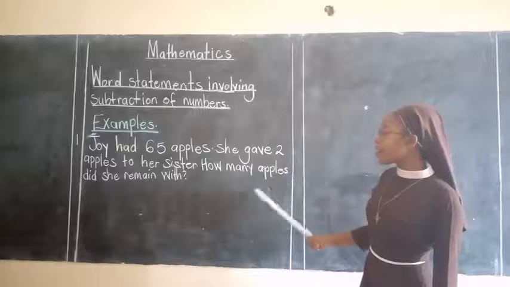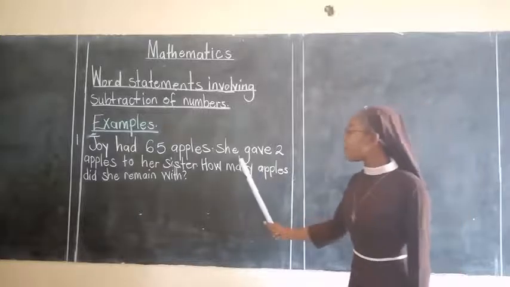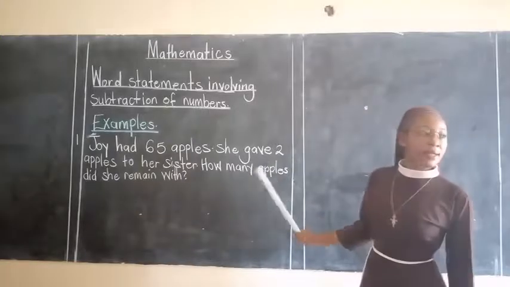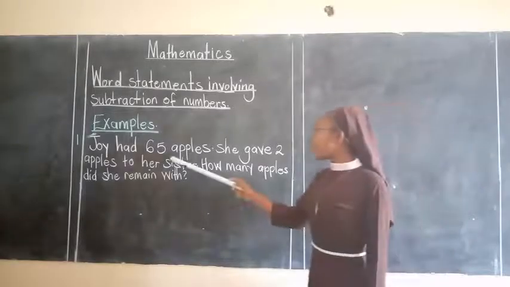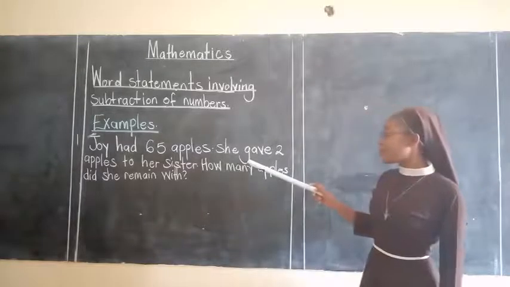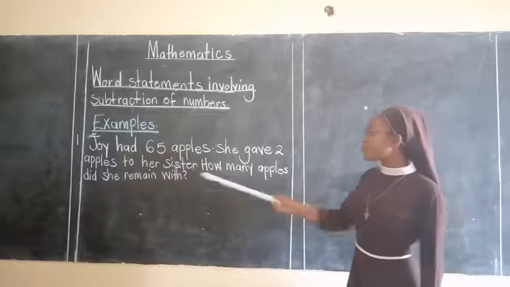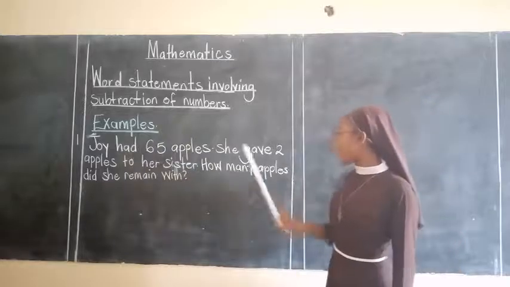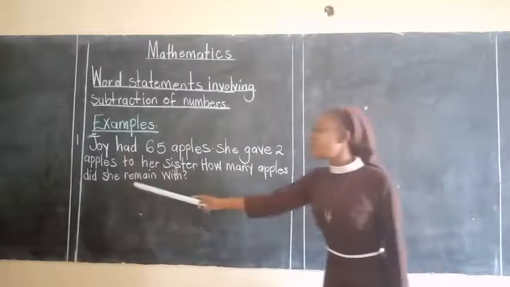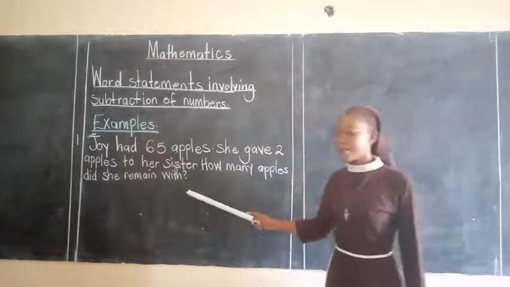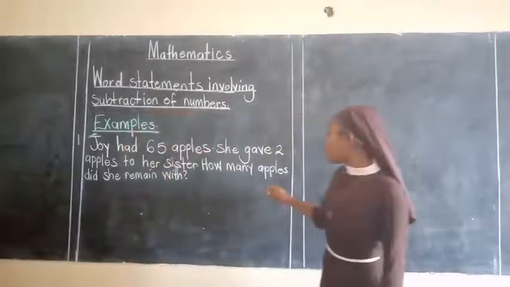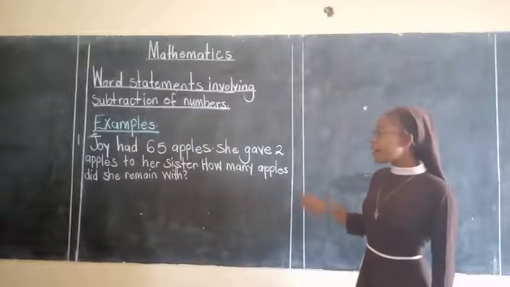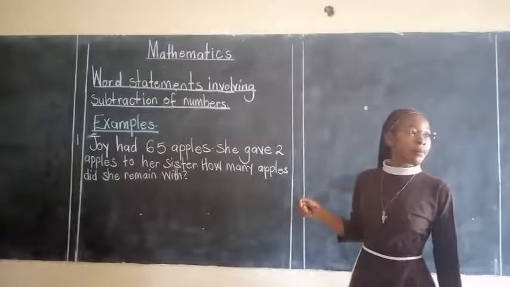The first task is to read this information and understand. Let's read again. Joy had 65 apples. She gave 2 apples to her sister. How many apples did she remain with? When we read this statement, what shows us that we are supposed to subtract?